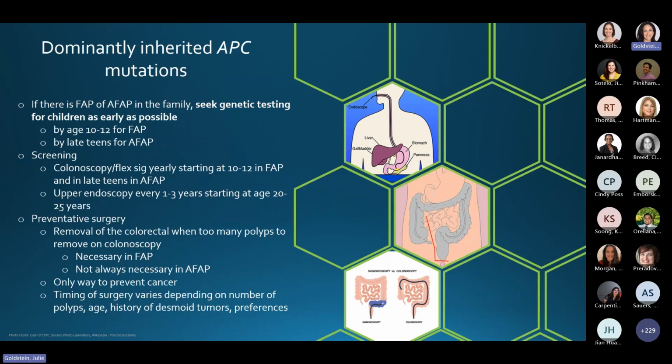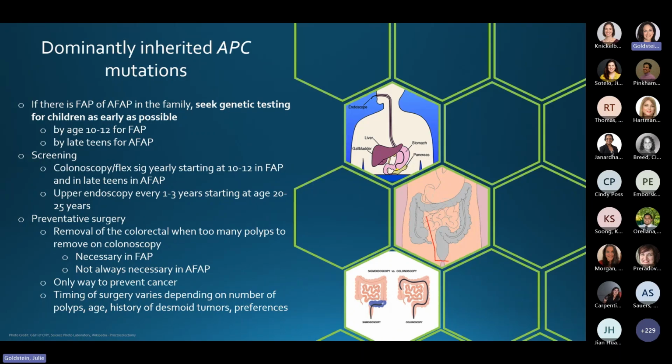And interestingly, colonoscopy screening can start as early as age 10 in FAP, and in the teens in AFAP. Upper endoscopy, where they stick something similar to the colonoscope, except it's called an endoscope, through your mouth down through your esophagus, your stomach, into the first part of your small intestine, is done also starting around age 20 to 25, looking for polyps that can be in the upper GI tract.